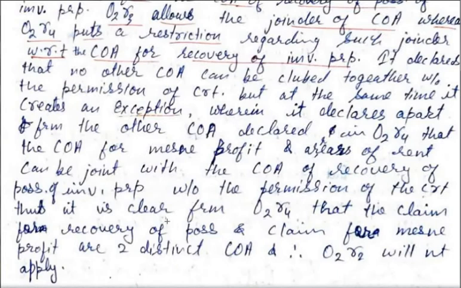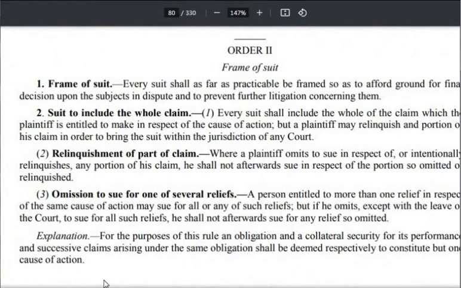Thus, it is clear from Order 2 Rule 4 that the claim for recovery of possession and claim for mesne profits are two distinct causes of action, and therefore Order 2 Rule 2 will not apply. ठीक, समझ में आ गया सबको? अब now you see the explanation.